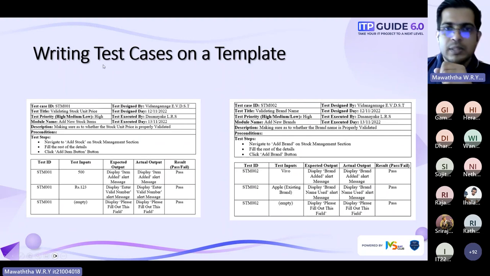As an example, this template contains a section to implement the testing steps, that means how you should execute the relevant test cases. It also has some preconditions, that means how to get a proper environment to run the test case, and also some description. And there's another table to record the test cases.